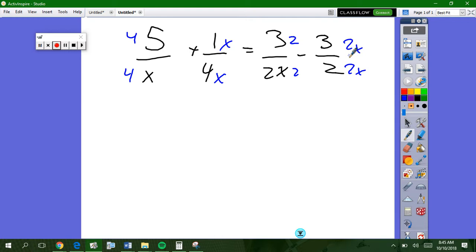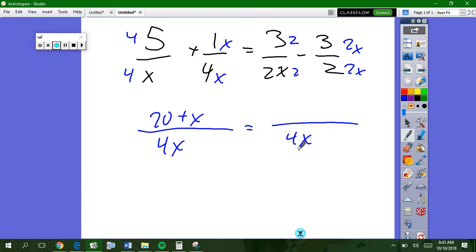So now I have one common denominator on the left, correct? So that is 20 plus x equals, everything over here is the same, it's all 4x on the denominator. So this is 6 minus 6x. Is everybody with me? What do we notice right now?